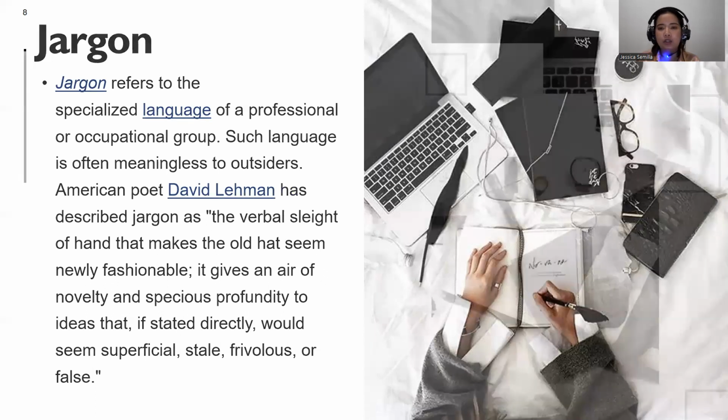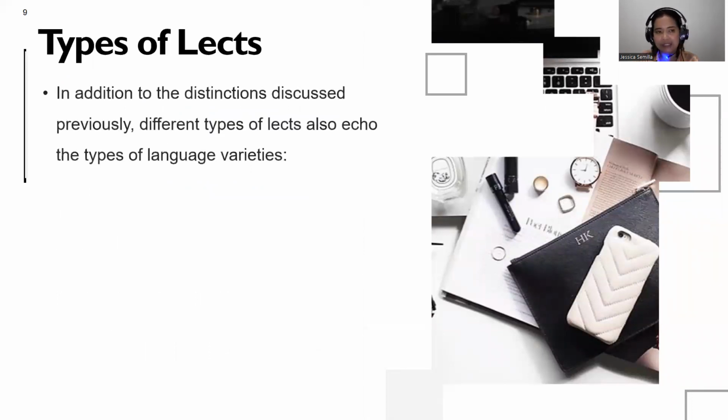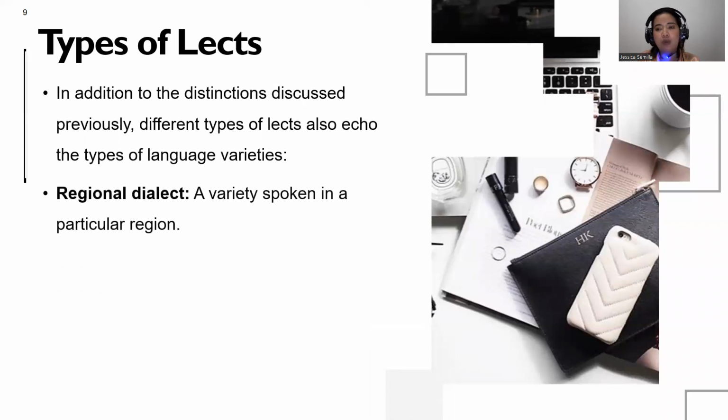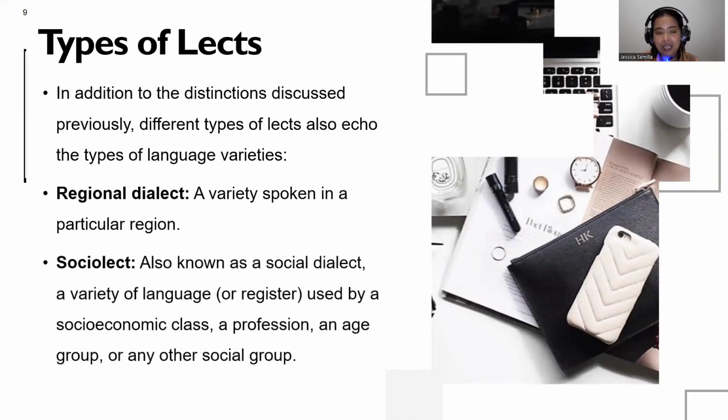Okay. So let's move on. We do have different types of lects or the dialects under variety. And we do have what we call the regional dialect, wherein we look into the variety spoken in a particular region, like from the Visayas, Luzon, Mindanao.